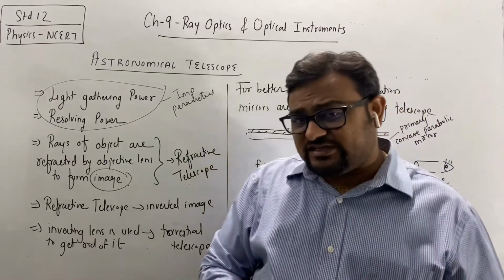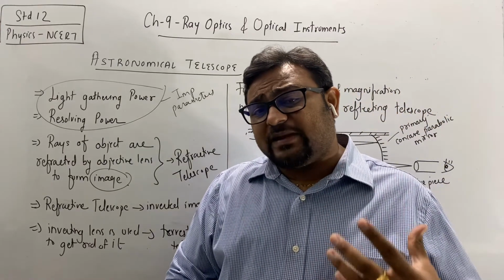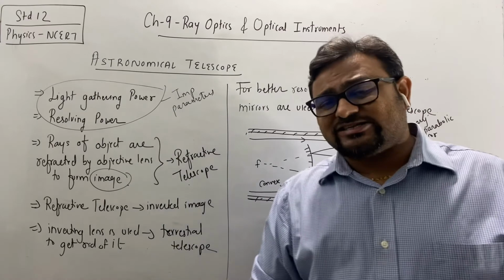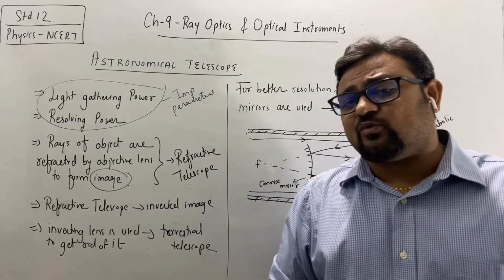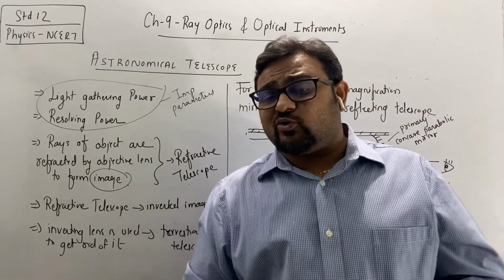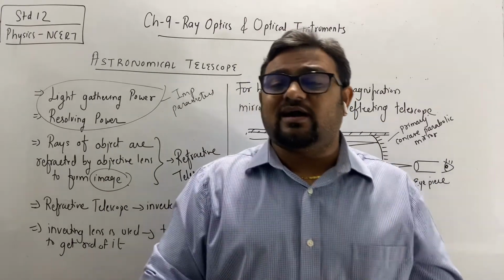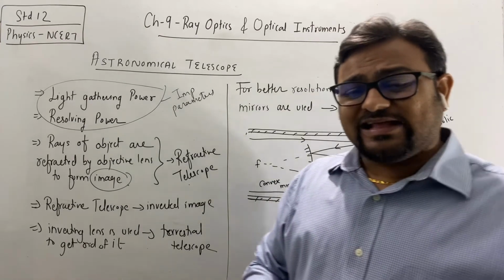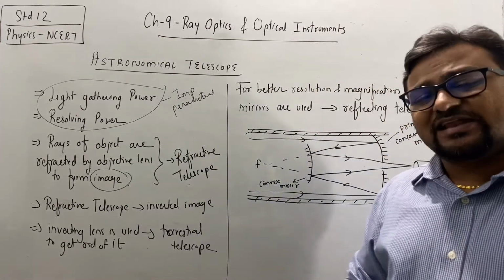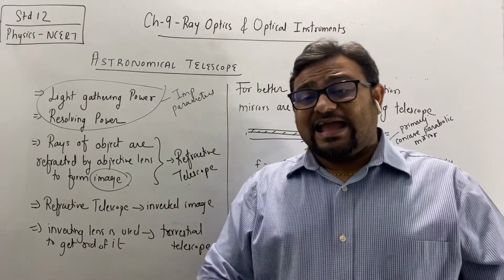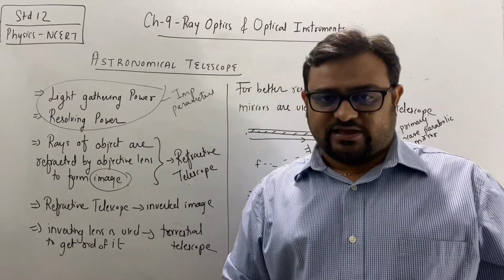But the limitation is that the image obtained is inverted, as we had seen in the figure. So to get rid of that limitation, we can use an inverting lens. An inverting lens is used in a terrestrial telescope to get an erect image.